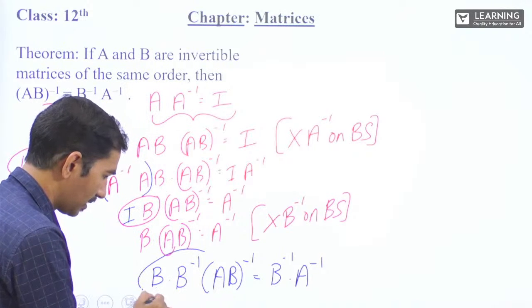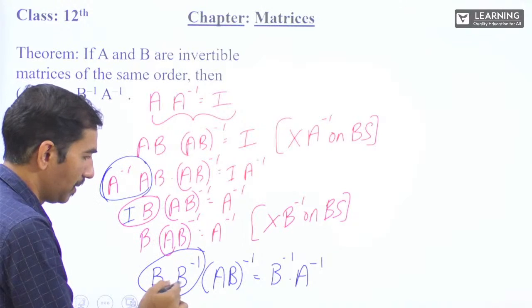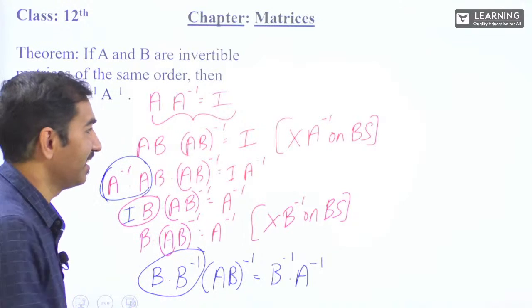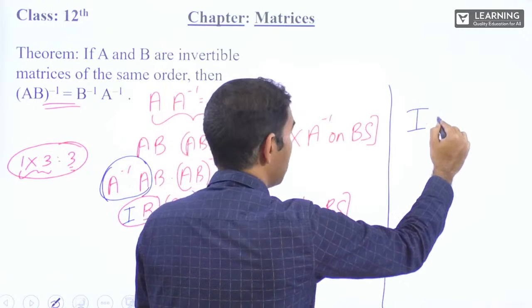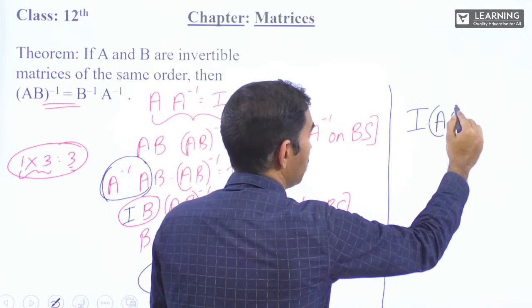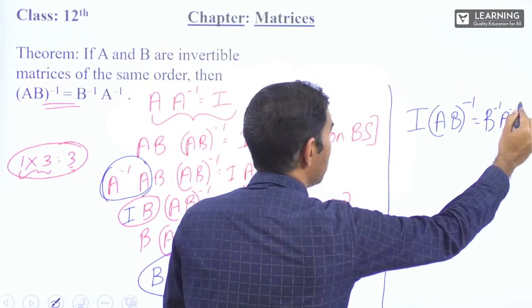See this result, students, B into B inverse. Similarly we had here A inverse into A. So this will be equal to how much? I again, so that is nothing but, on this side we'll write I into AB the whole inverse, which will be equal to B inverse into A inverse.